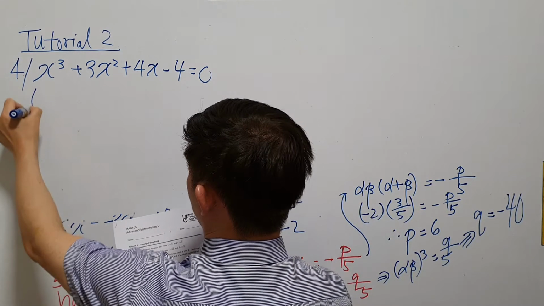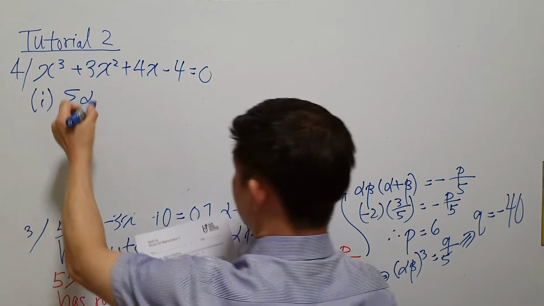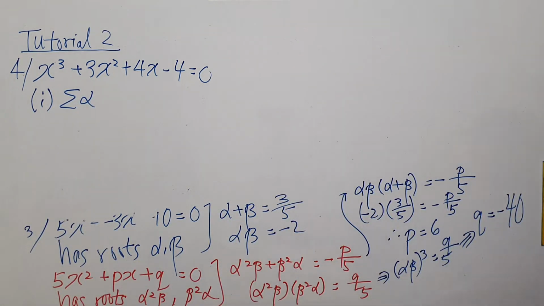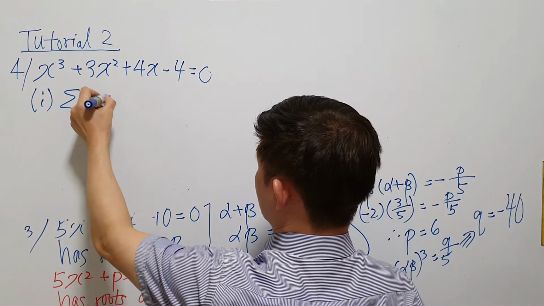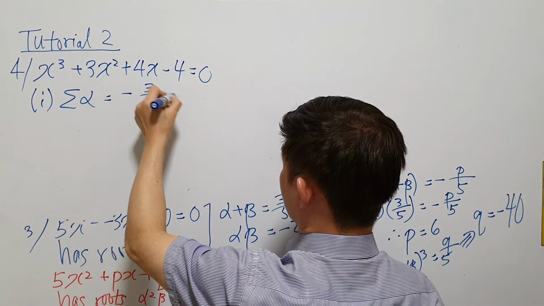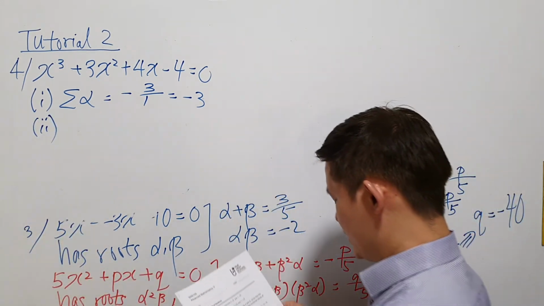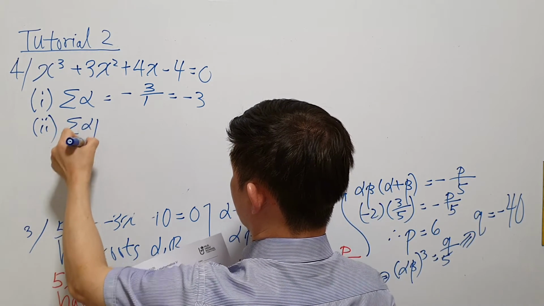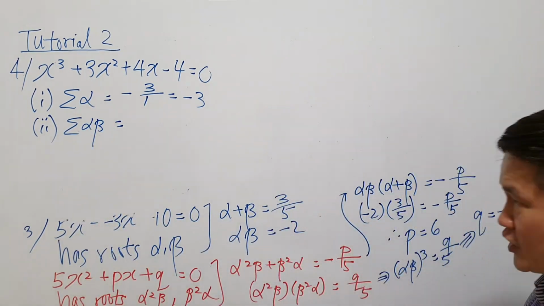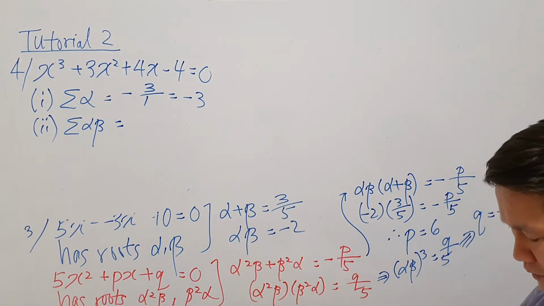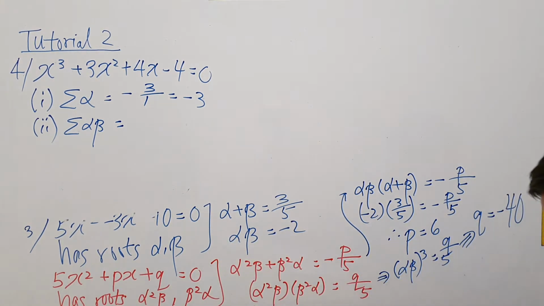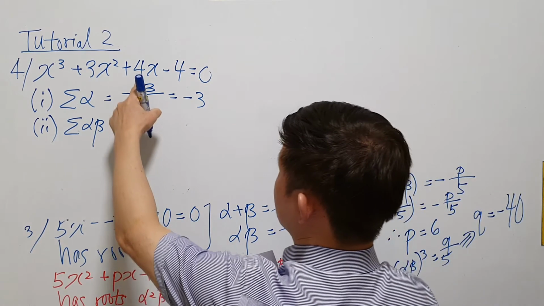So for part 1, to find the summation of alpha, which means alpha plus beta plus gamma, we know that it is minus b over a. Part 2, you need to find the summation of alpha beta. Bear in mind, this is a notation for alpha beta plus beta gamma plus gamma alpha, the sum of the pair products, and this equals c over a.